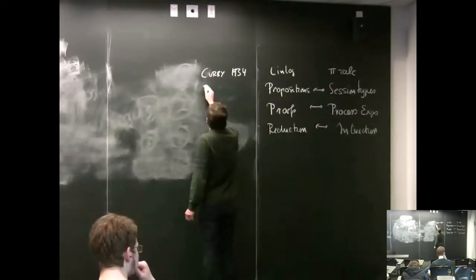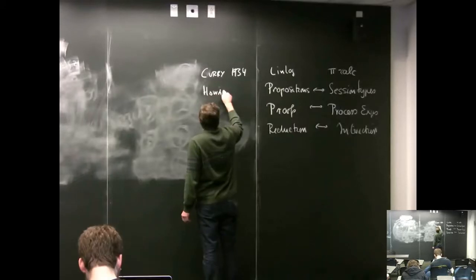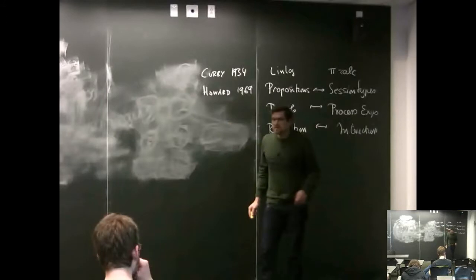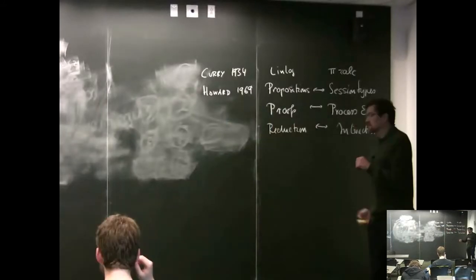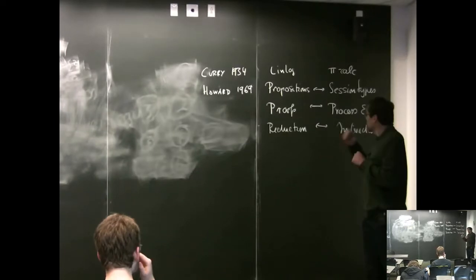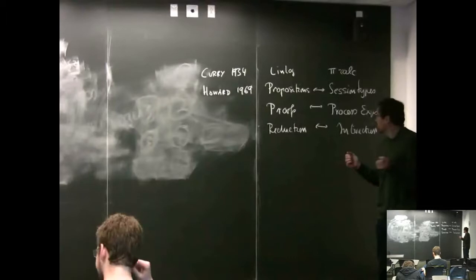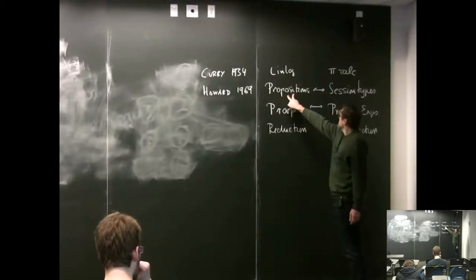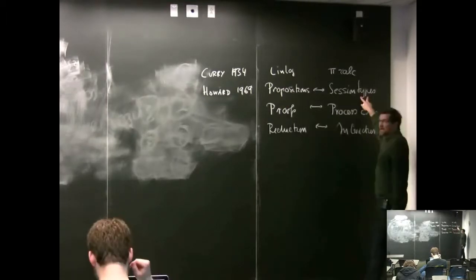And then we had Howard in 1969 noticed that there's a very similar correspondence, between natural deduction and lambda calculus terms. There, the propositions of intuitionistic logic correspond to types of a simply typed lambda calculus.